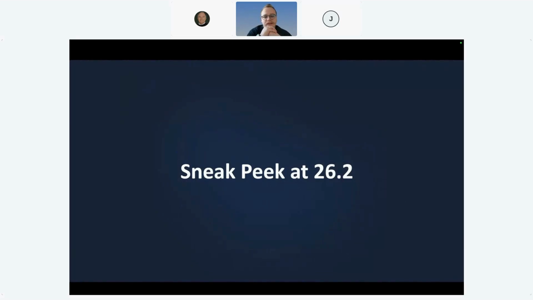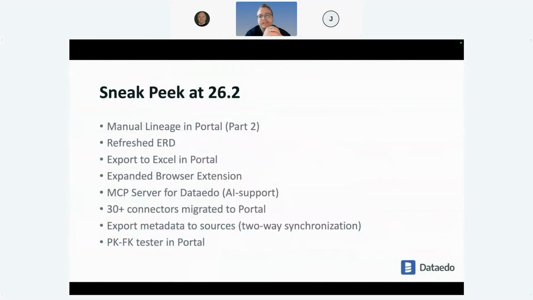And going next with the sneak peek at 26.2. The first change is manual lineage part 2. We want to make all of the manual options of creating lineage, modifying it, and deleting it available in Portal by 26.2. Also, as a note, we will probably remove the options to create lineage manually in the desktop app in 26.3, so one release after the Portal version is complete.